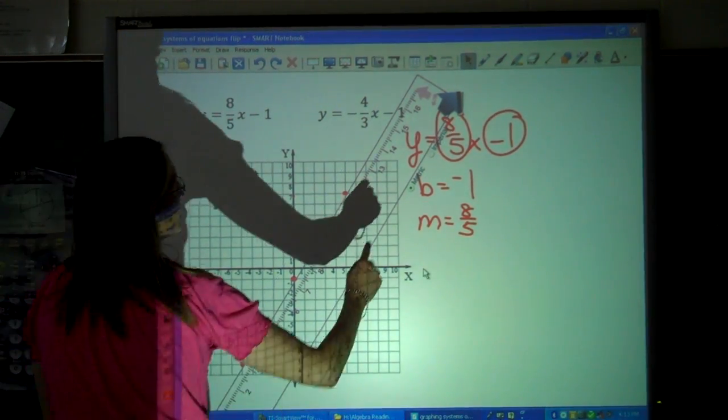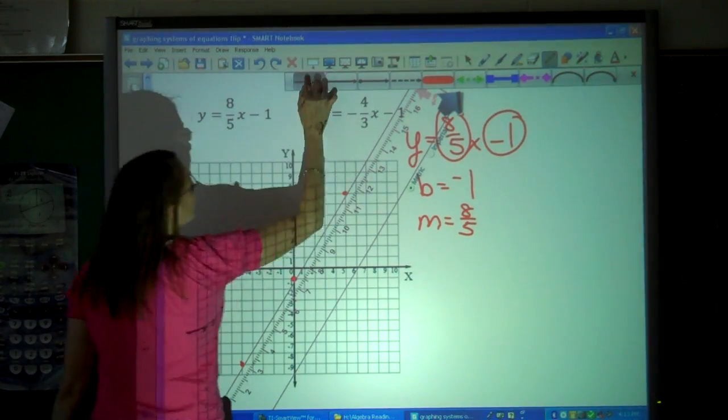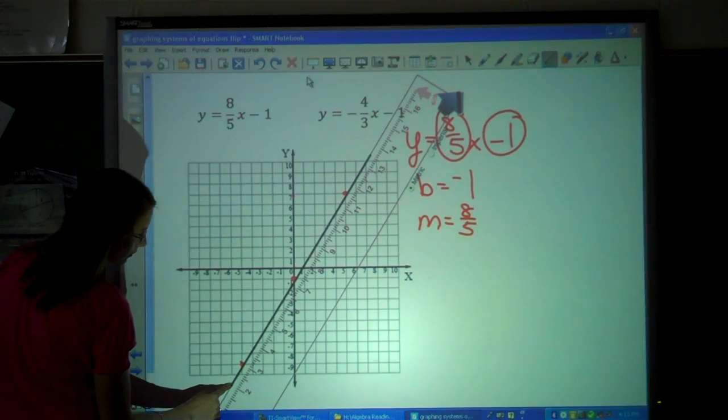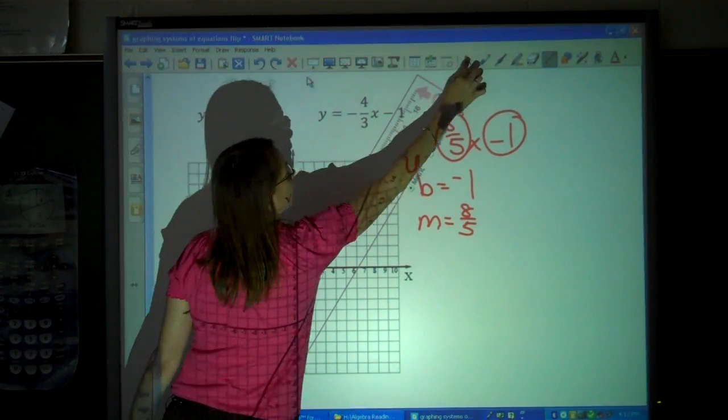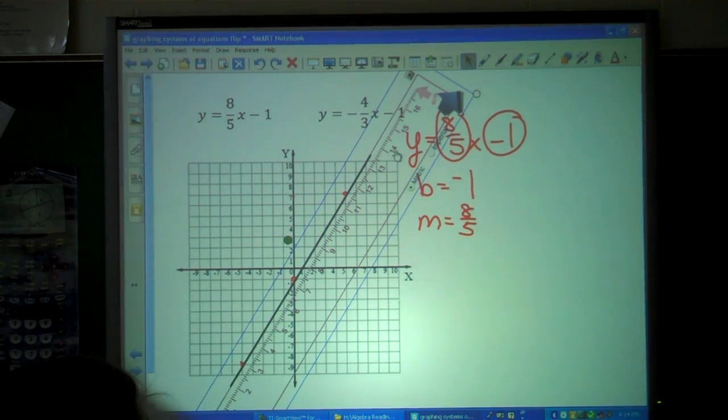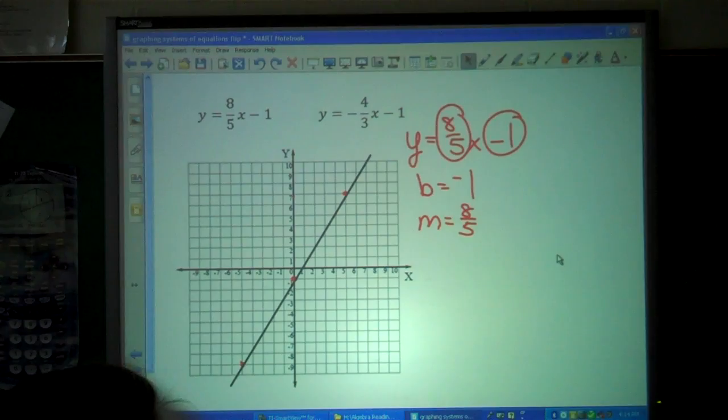And then I'm going to draw my line going through those 3 points, and this time I do have to stretch it all the way out on my graph. And I'm going to cut that out for a quick second, and I'll bring it back in a second.